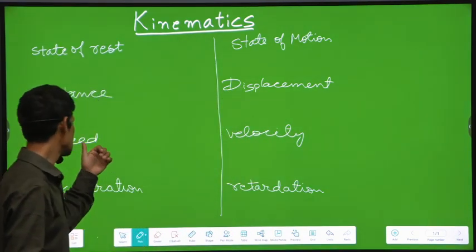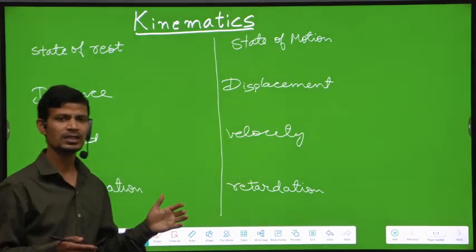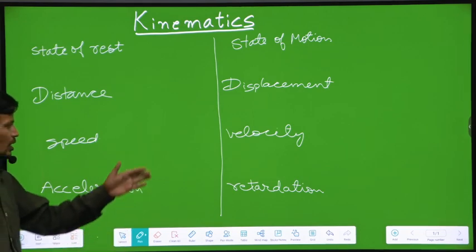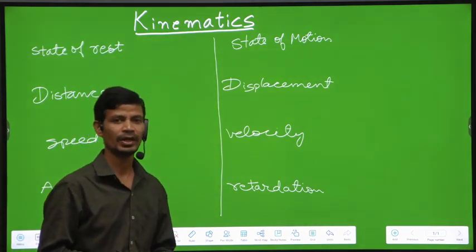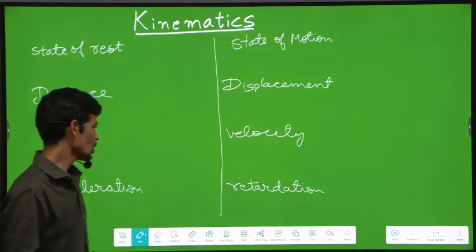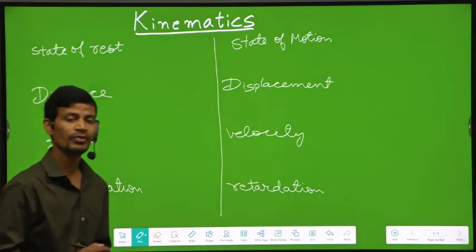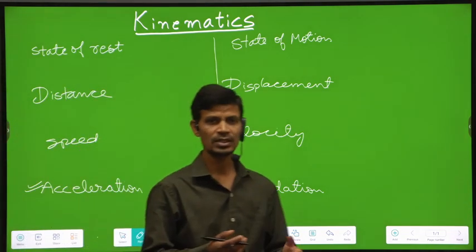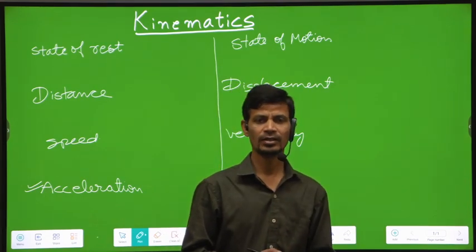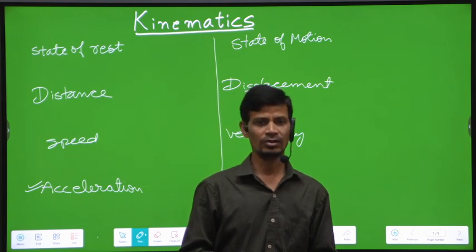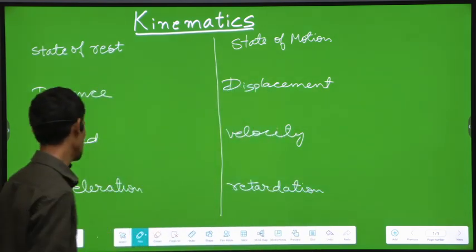Speed is the distance traveled by a body per unit time, and velocity is the displacement covered by a body per unit time. Next topic is acceleration. If velocity is changing, then there is a measure of how velocity is changing, and we call it acceleration.